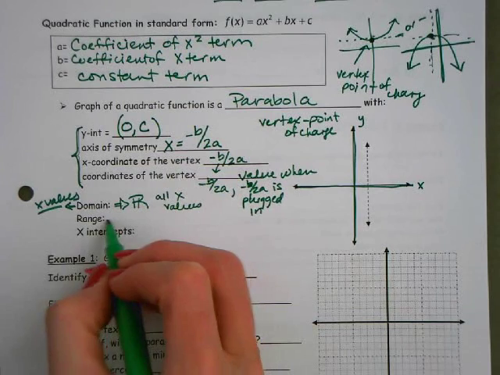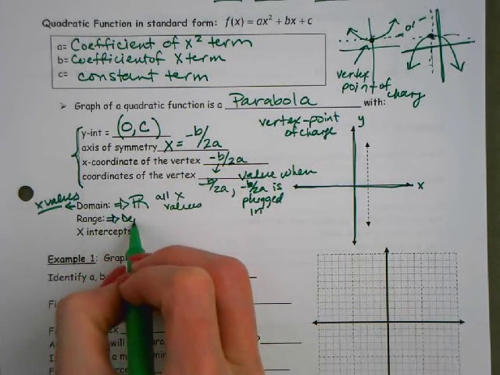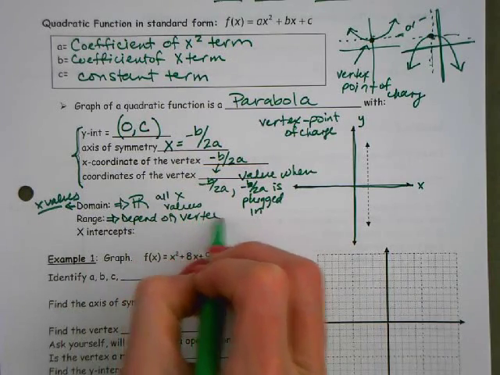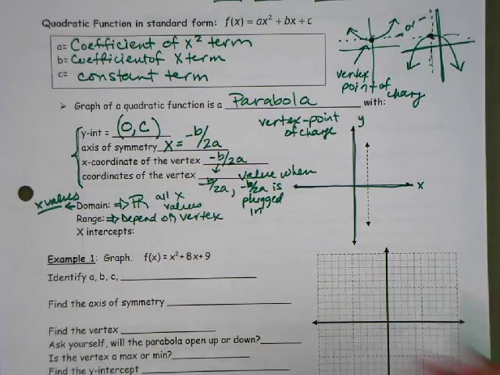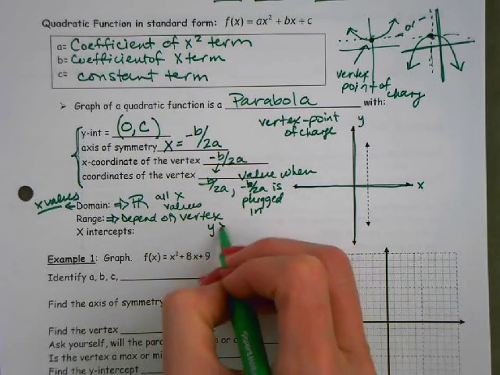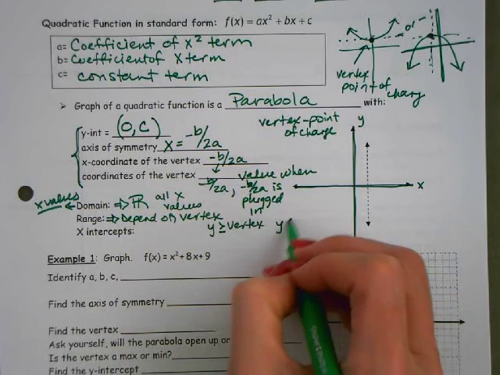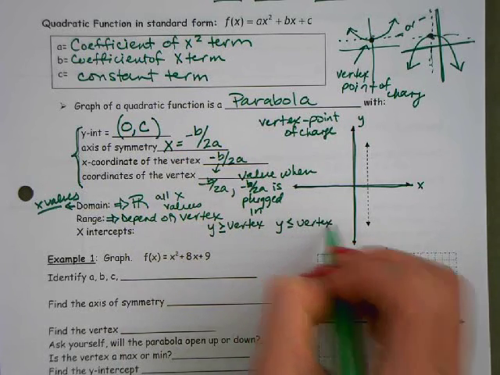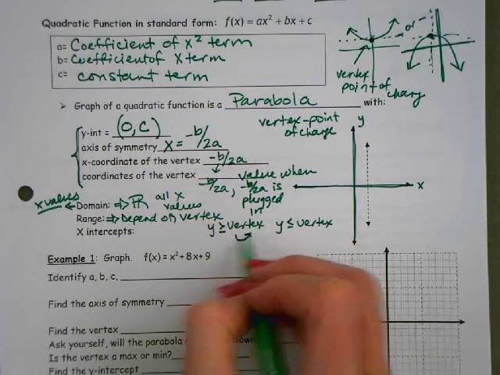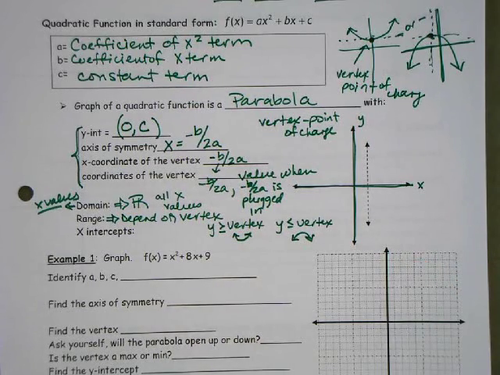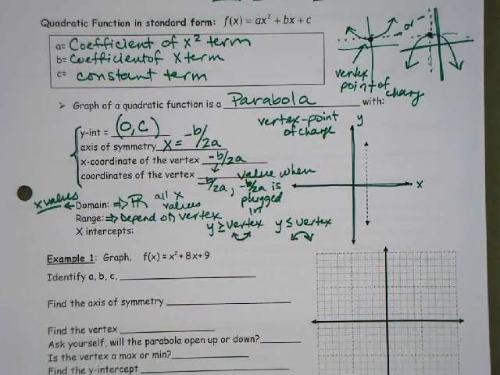So your range is going to depend on the vertex. And it's either going to be y is greater than or equal to your vertex, or y is less than or equal to your vertex, if it's going up or if it's going down. Does that make sense?